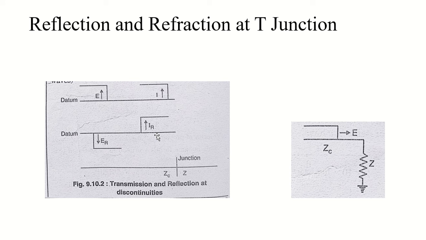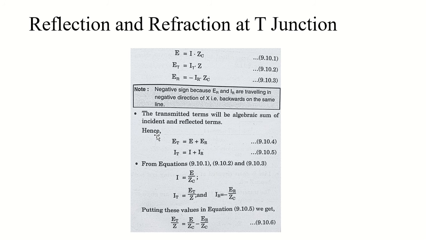Now the original, which means incident, then transmitted, which is refracted, and the reflected voltage and current can be written using these formulas given here. E equals I into ZC, which is for incident. ET equals IT into ZC, which is for refracted or transmitted, and ER equals minus IR into ZC for reflected.